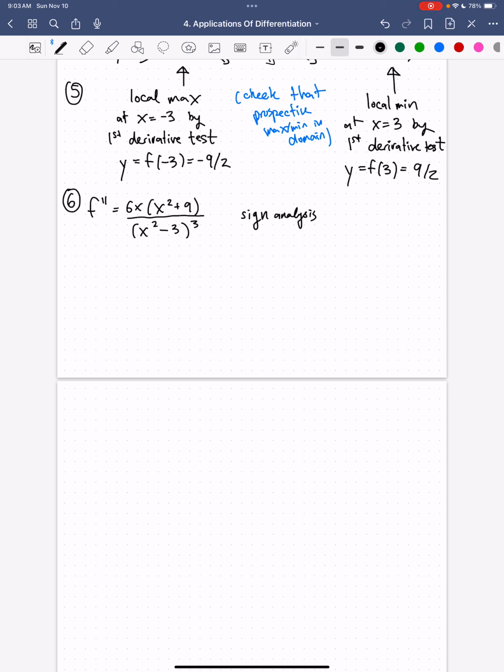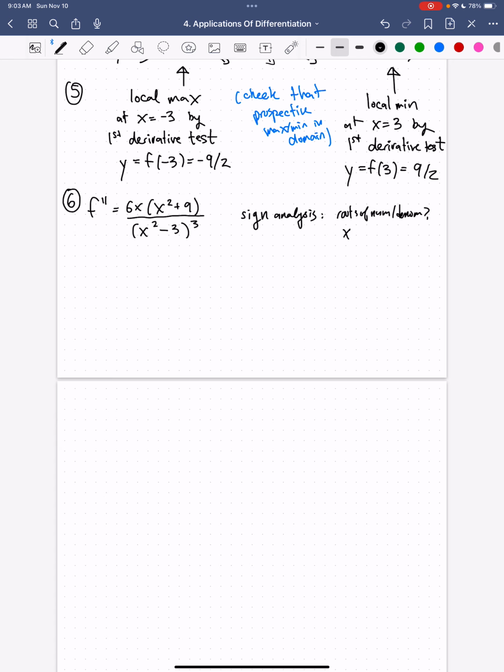To do that, we'll start off by looking for the roots of the numerator and denominator. And just to remind you of why we do that, that's because we want to see where different pieces of that function might change sign.